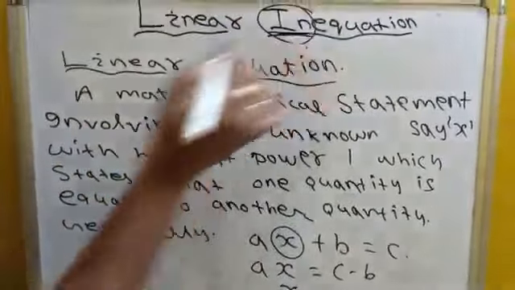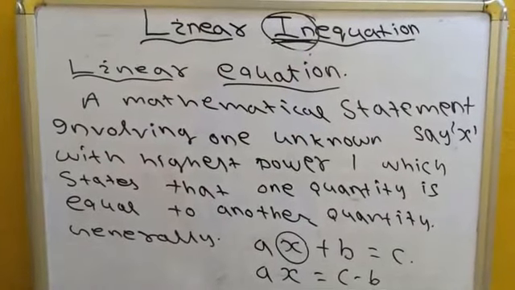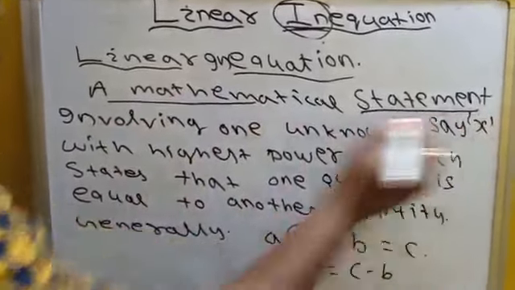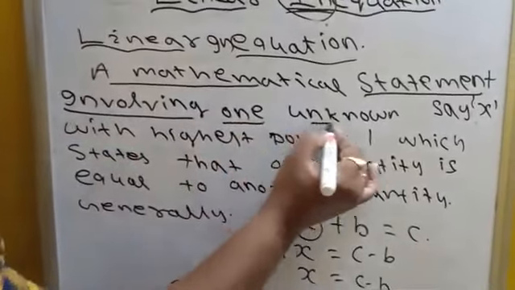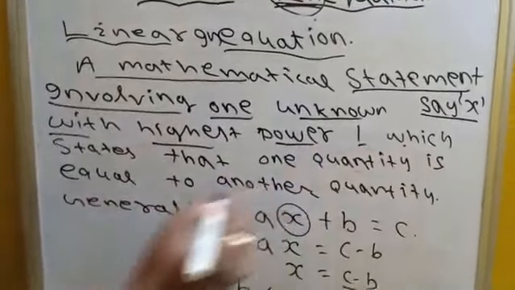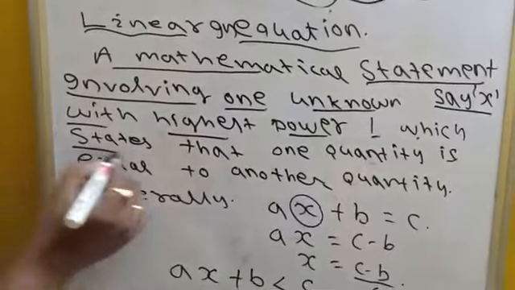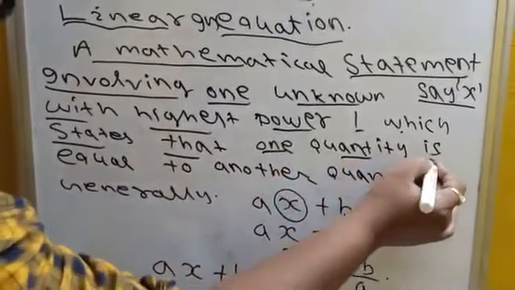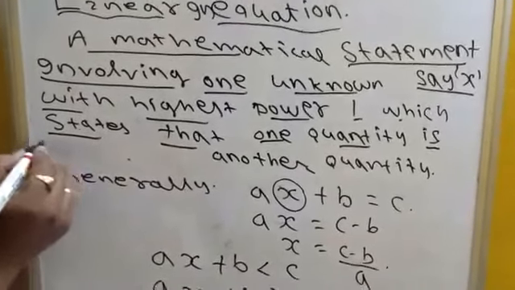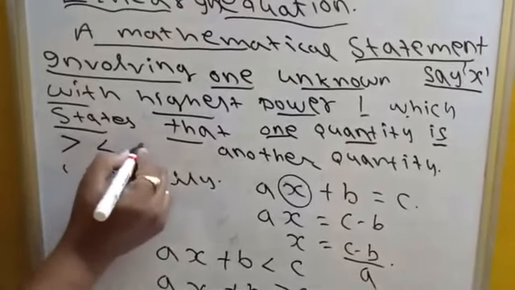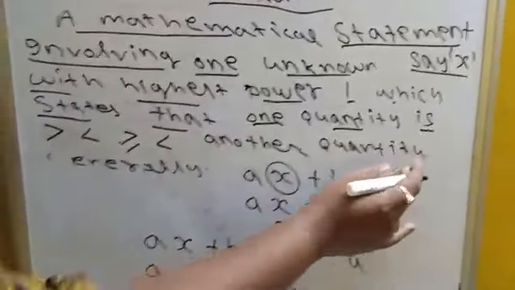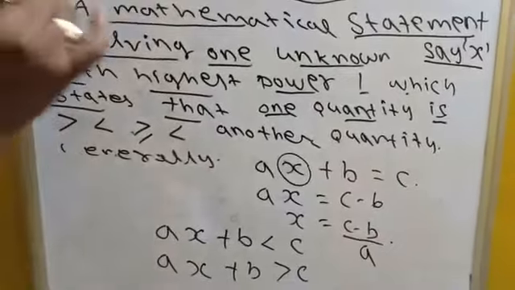But in a linear inequation, what will you write? A mathematical statement involving one unknown, say x, with highest power 1, which states that one quantity is not equal to, greater than, less than, greater than or equal to, less than or equal to another quantity, is called a linear inequation.